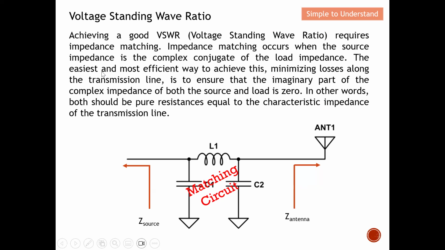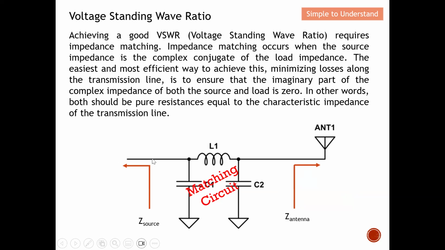The easiest and most effective way to achieve this, and to minimize the losses along the transmission line, is to ensure the imaginary part of the complex impedance of both the source and the load is 0. Definitely we are not able to change the imaginary part of the antenna. As for the source, let's assume that we can't change any of them. So to resolve the issue, we need to cancel away the imaginary part.